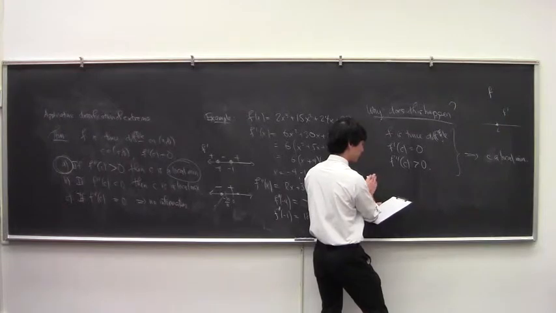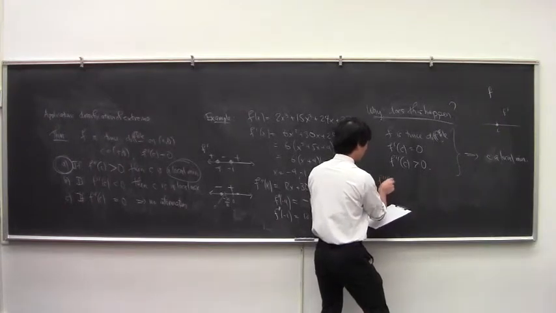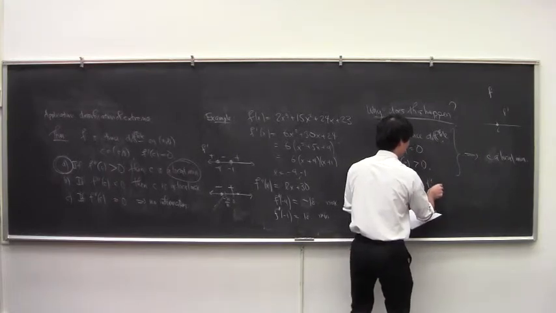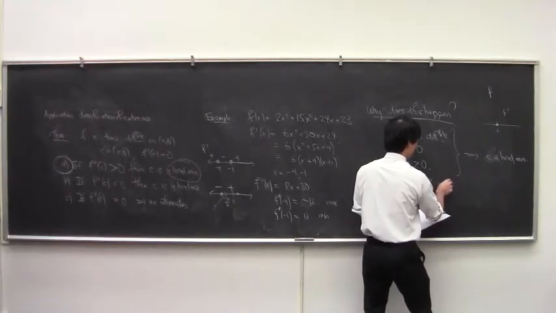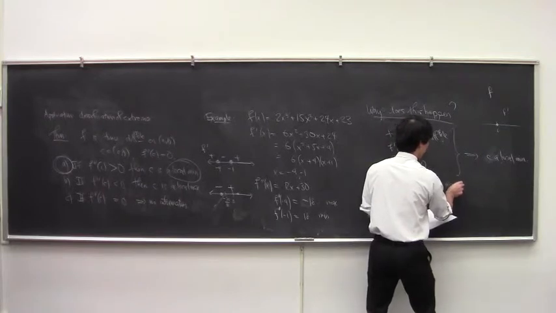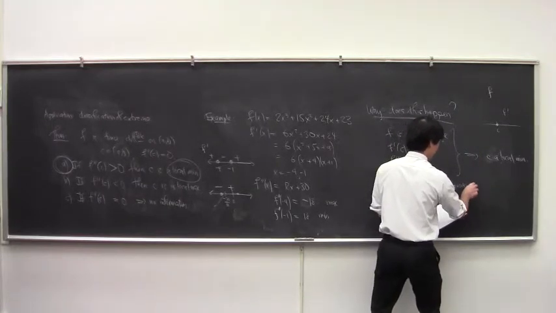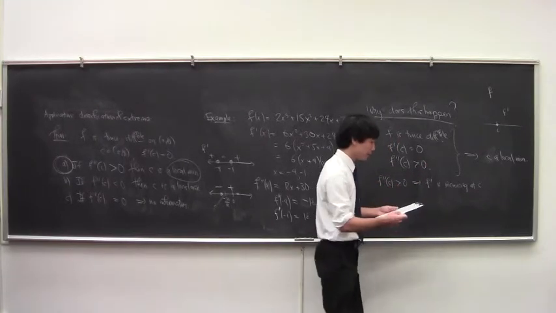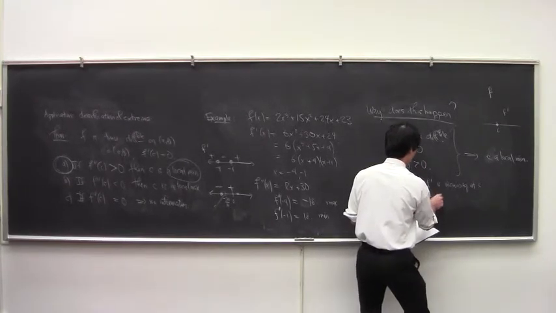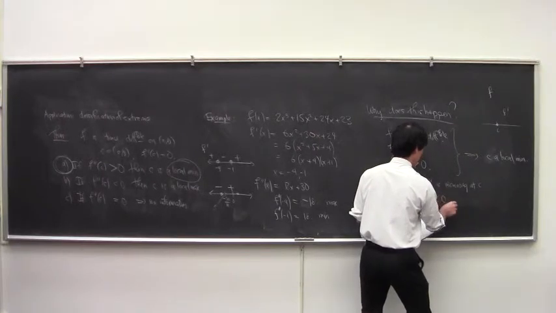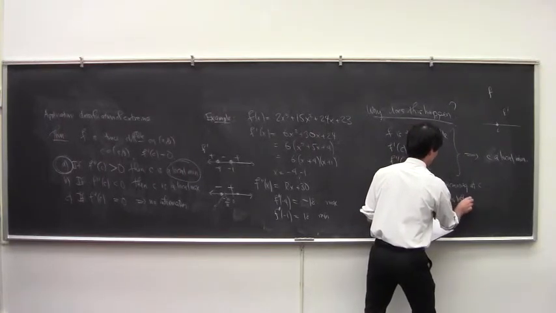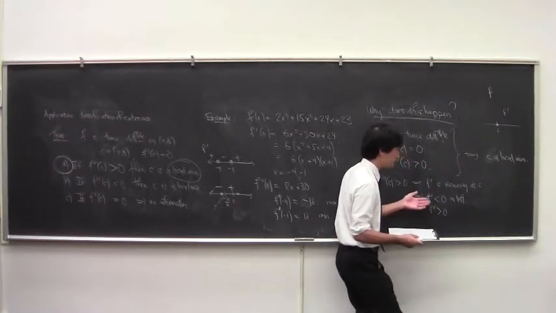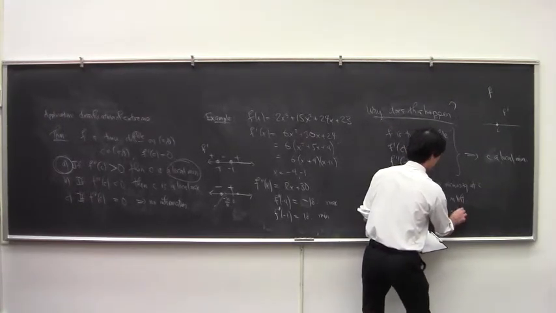So f double prime of c being greater than 0 means that f prime is increasing at c. So at c, f prime is going to be 0, negative on the left and positive on the right.